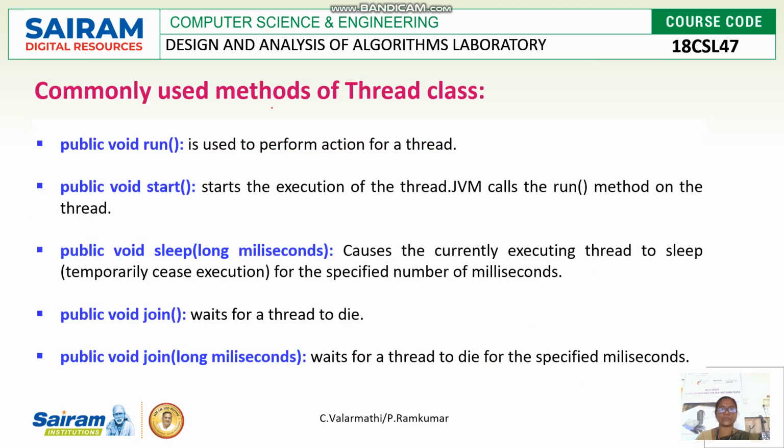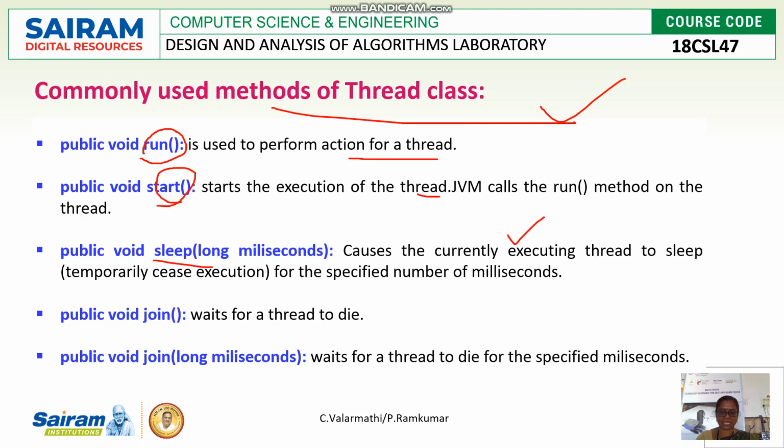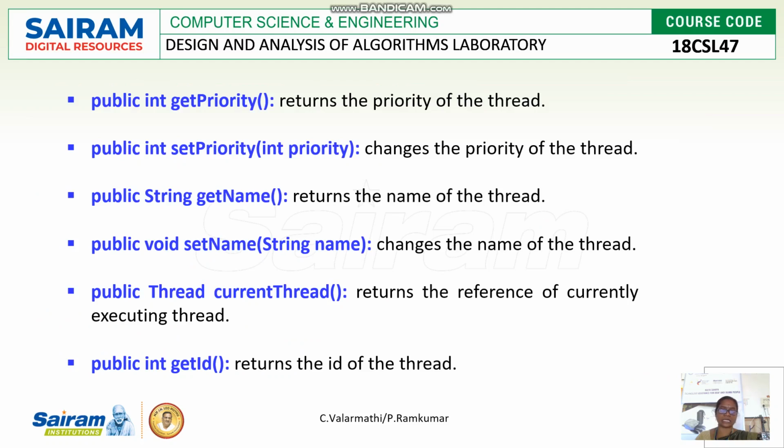These are the commonly used methods of the Thread class. It starts with run, which performs the action, and start, which starts the execution of a thread. Sleep makes a thread not execute any operation for a particular number of milliseconds. Join is used when involving many threads; it waits for the thread to die, and join with milliseconds specifies an exact wait time. Since threads have priority values, we have the getPriority method to receive the priority and setPriority to set the priority level.